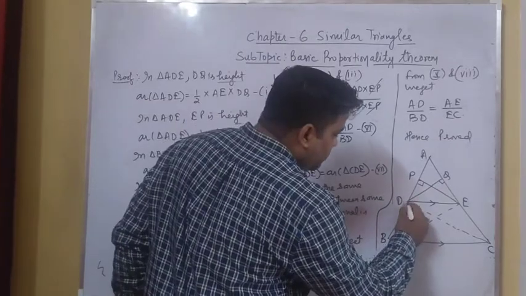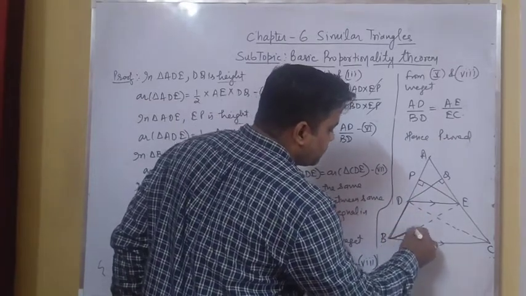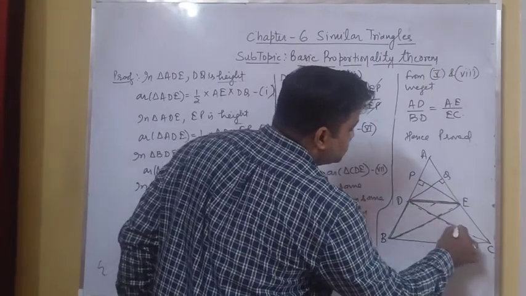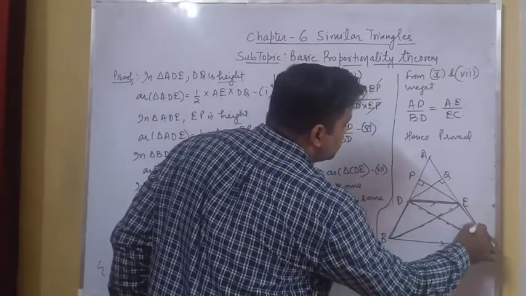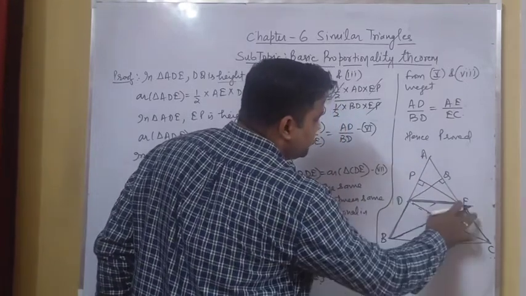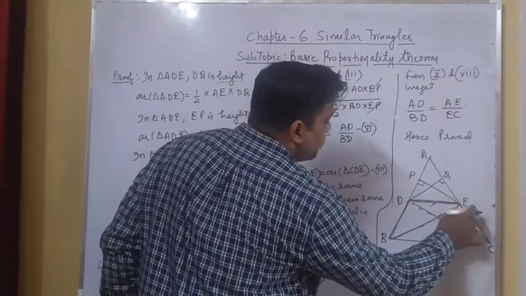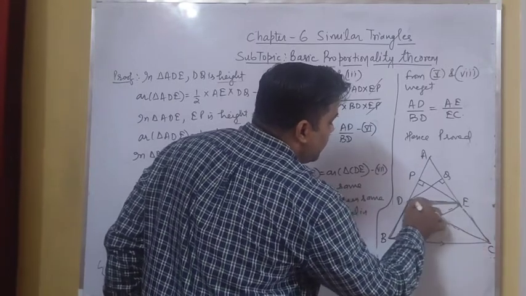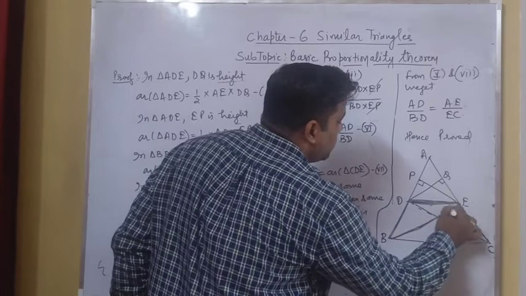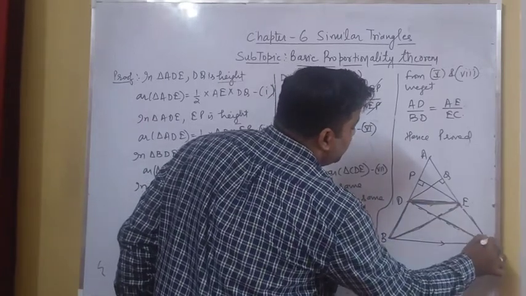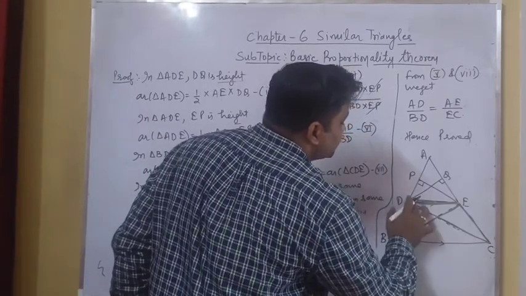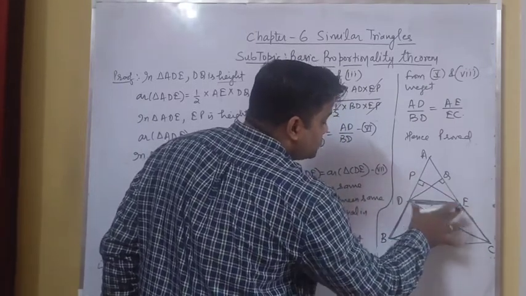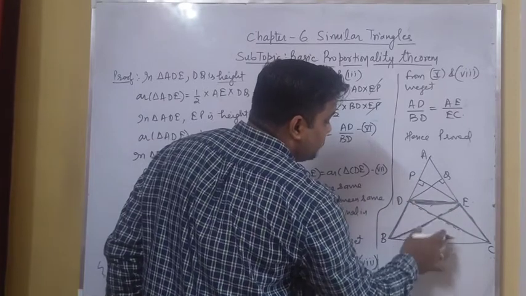We can see that both triangle BDE and triangle CDE are lying on the same base, which is DE, and these two triangles lie between the same parallels.